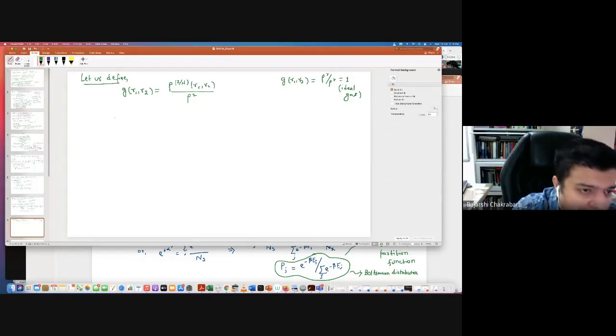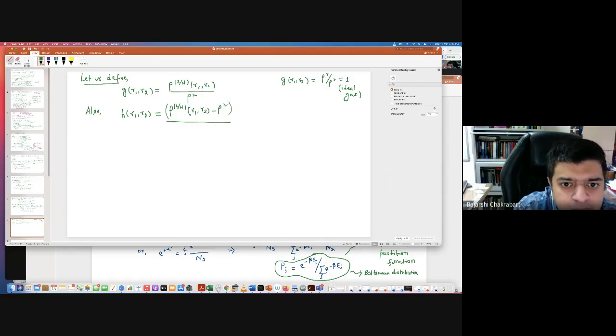Okay, now we can define something else. This is called h(r1, r2). This is rho 2 by n (r1, r2) minus rho square.